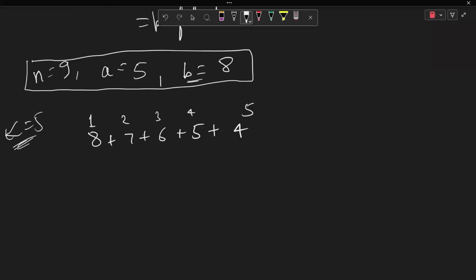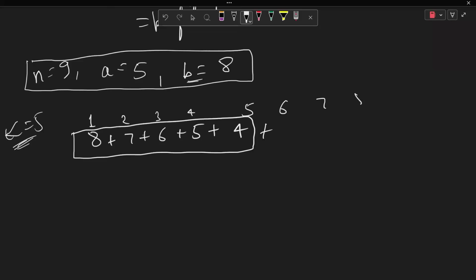So 1, 2, 3, 4, 5. For K equal to 5, up to the fifth bun, we sold at these prices. And then for the remaining buns, 6, 7, 8, 9, we have to go up till 9, the price is 5. So we would sell at 5, 5, 5, 5. So this would be our profit for K equal to 5.